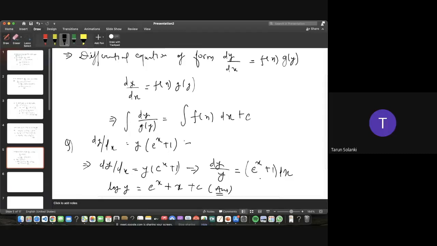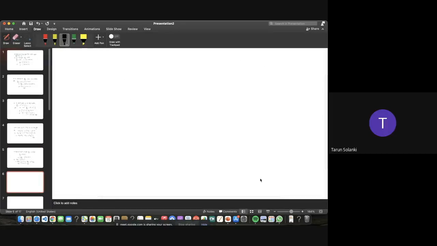Now taking the next question. The next problem is: we have to find the solution of dy by dx is equal to 2 to the power (y minus x).